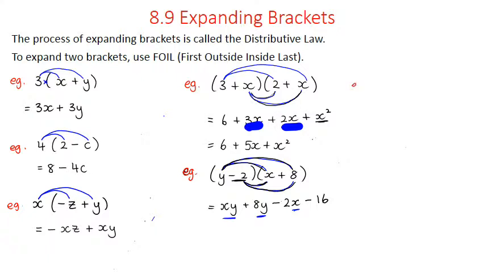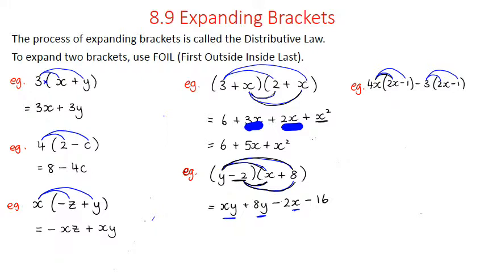And I'll just squish in one last one. (4x minus 3)(2x minus 1). Now, there's two different ways to do this. The first is just to expand out your brackets. Just go first by the second, first by the second.